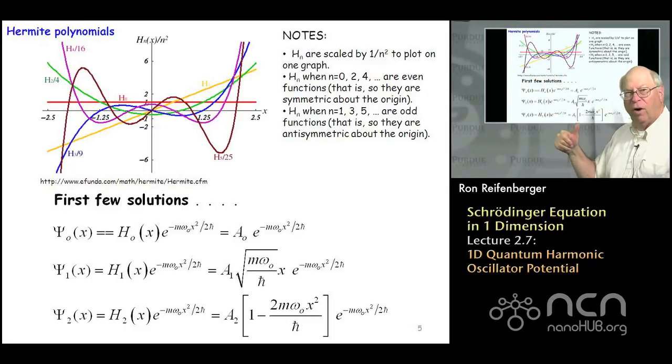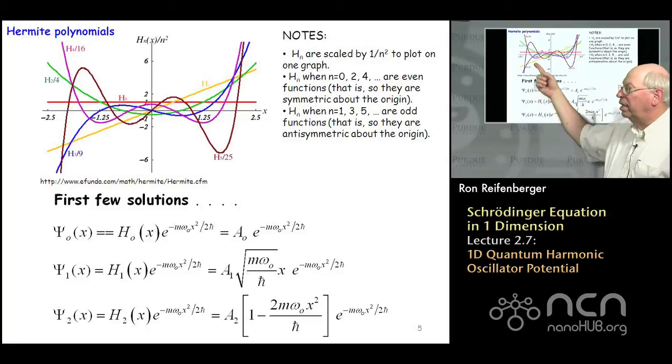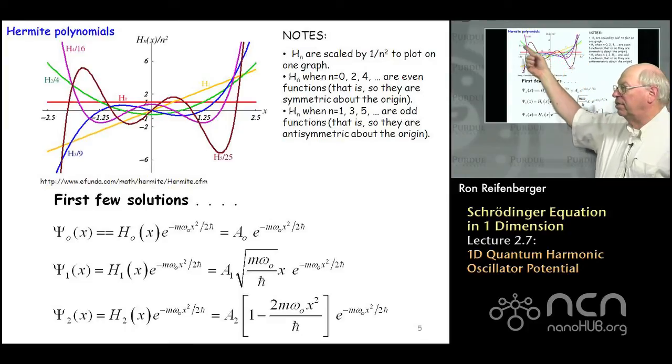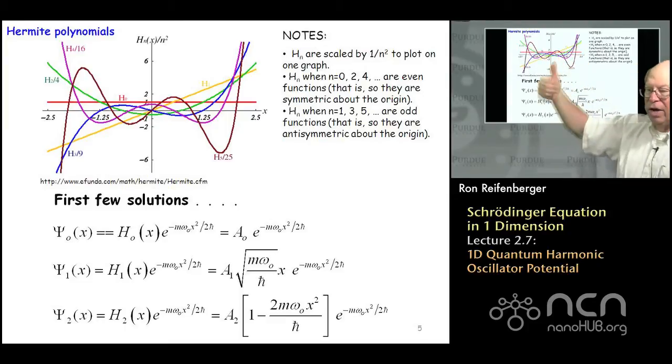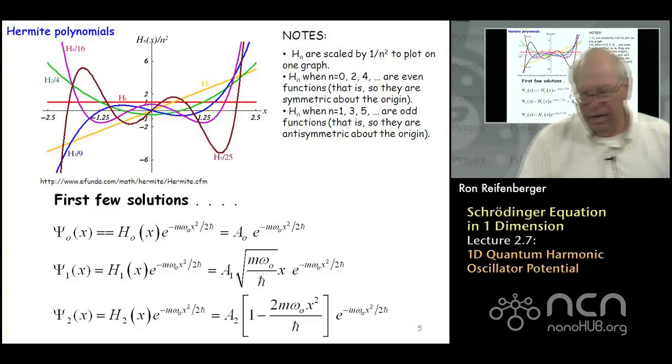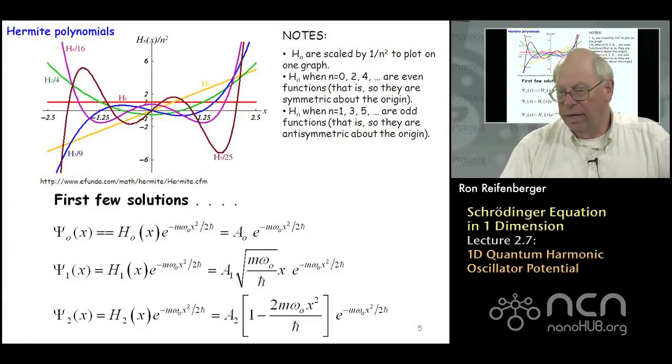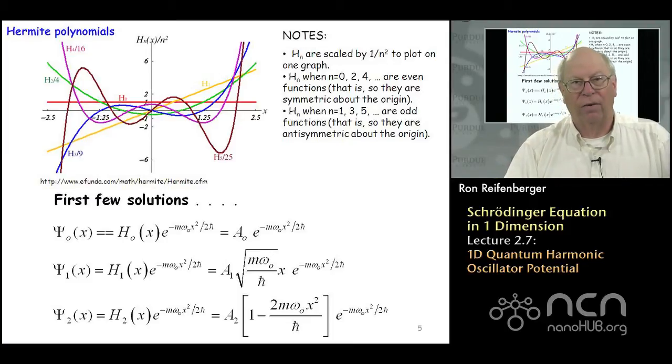When the quantum index n is equal to 1, the Hermite polynomial is a straight line indicated by this gold line here. When n is equal to 2, the Hermite polynomial is quadratic in x. That's indicated by this green line. As you go to higher order indices n, these Hermite polynomials acquire wiggles, oscillations, and you can find tables that list these Hermite polynomials.